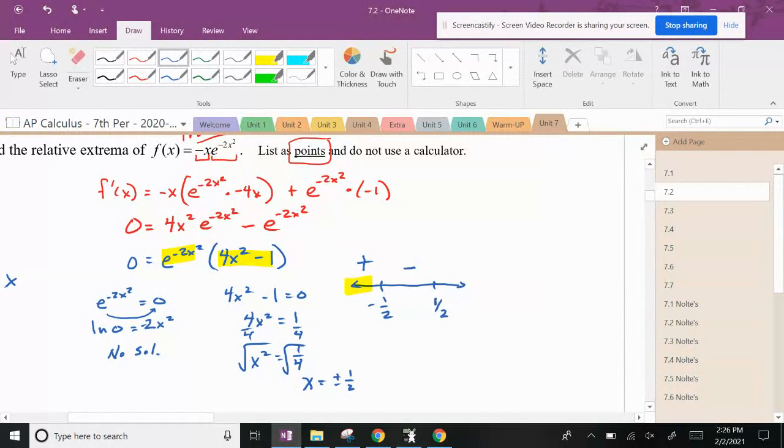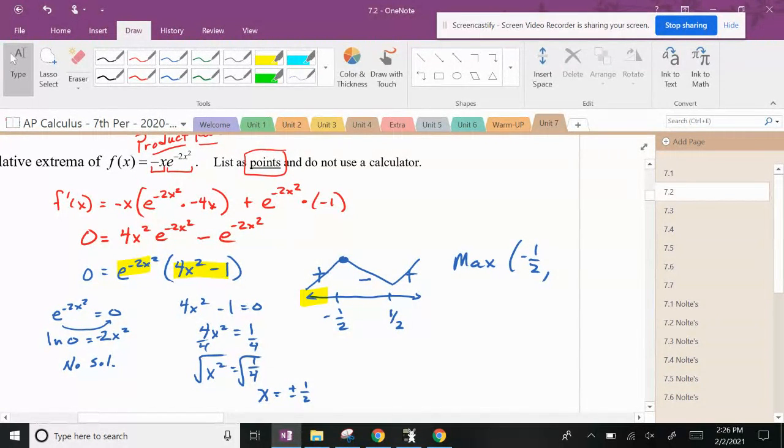And hopefully you realize that if I plug in a number greater than 1/2, like 1, that should be exactly the same as when you plugged in negative 1, because both pieces are squared, right? So we should get a positive. So up, down, up. So what's happening at negative 1/2? There is a max.